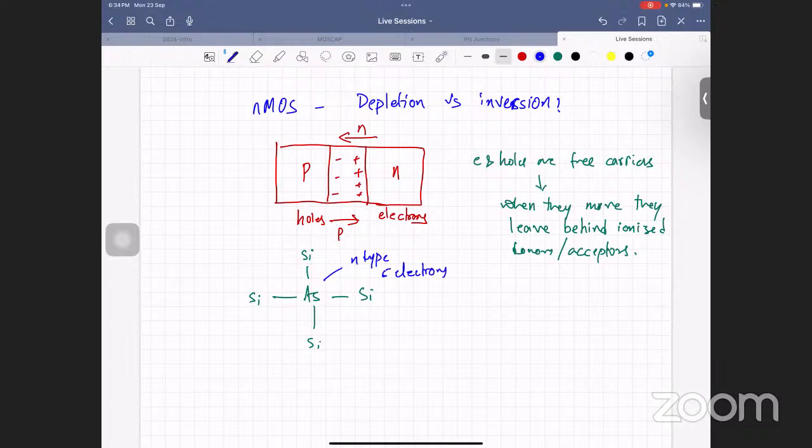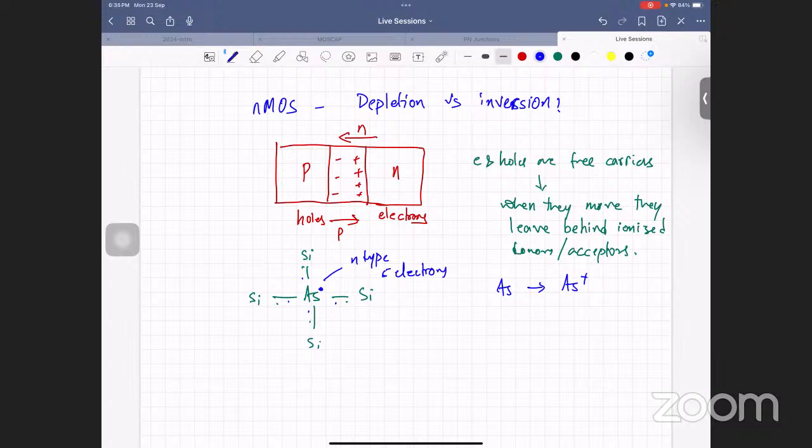Out of these 5 electrons, 4 are part of the lattice bonds, and from the silicon atom there will be 1 more electron each. So you have a satisfied valence of 8, so there is stable bonding. But there's an additional electron in arsenic, which is free to move around. When the electron goes away, the arsenic becomes ionized arsenic plus.